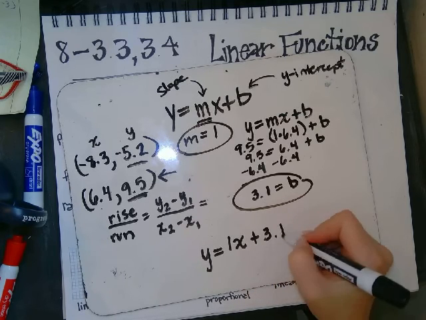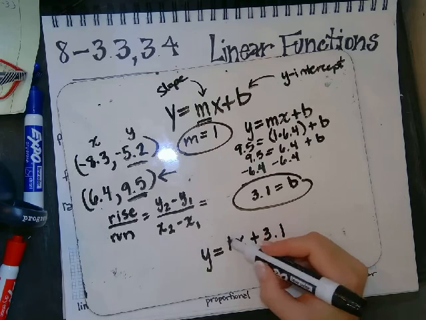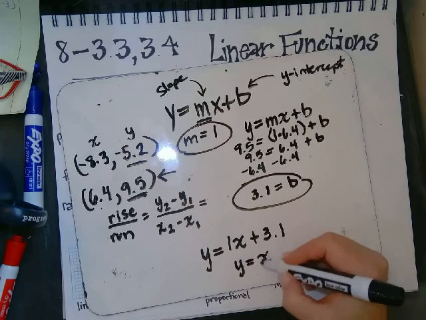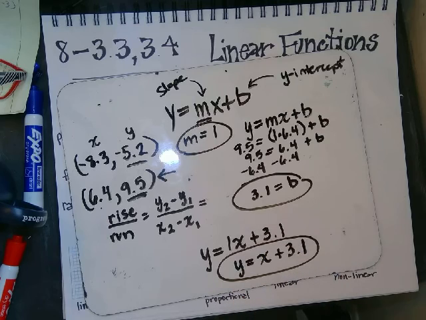So y equals 1x plus 3.1. I don't have to have that 1 there. The 1 is optional. If the coefficient is 1, you can have it in there or not. So I'm going to rewrite it as y equals x plus 3.1.